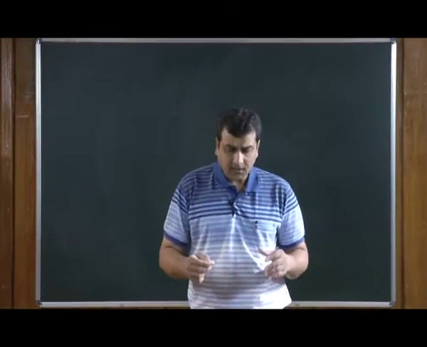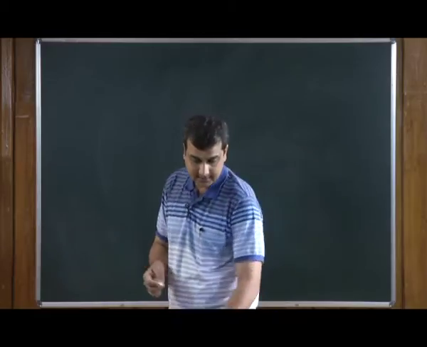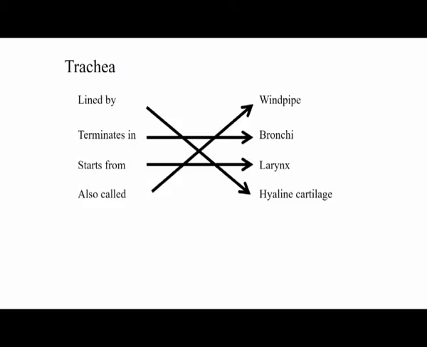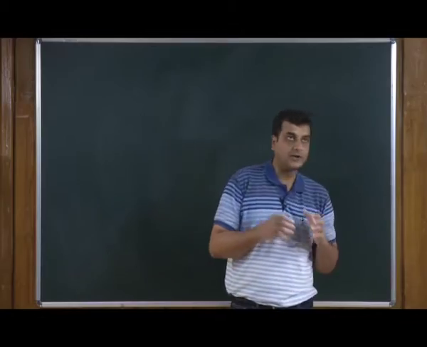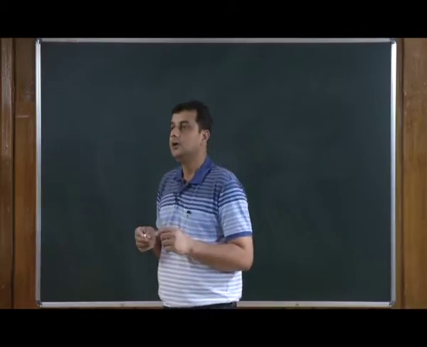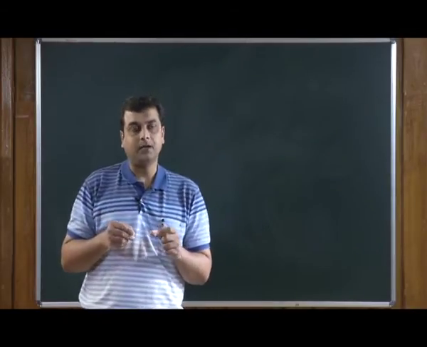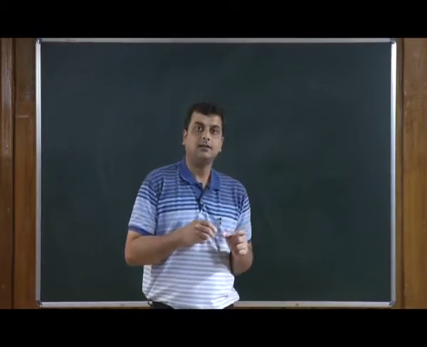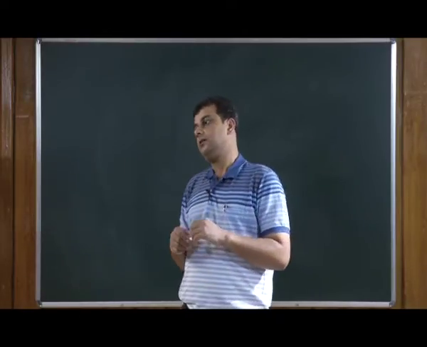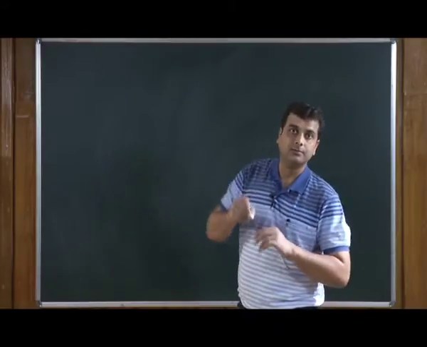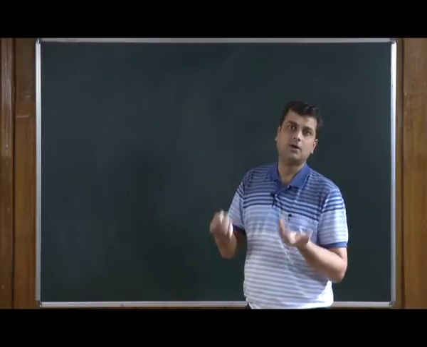So, we finished trachea. Next question is, what is vital capacity? Now, we will try to recollect our volume-wise discussion from probably the second lecture, when we discussed the volume associated with normal intake.